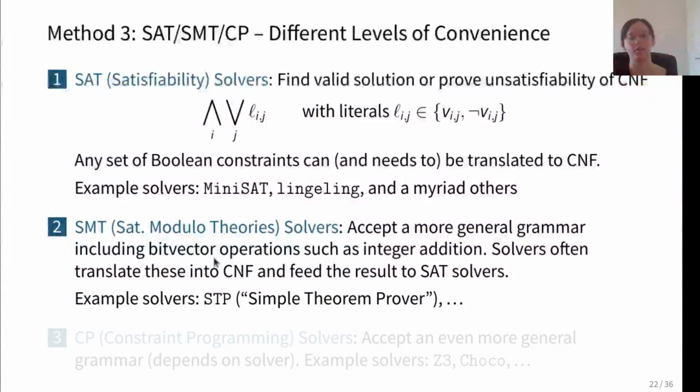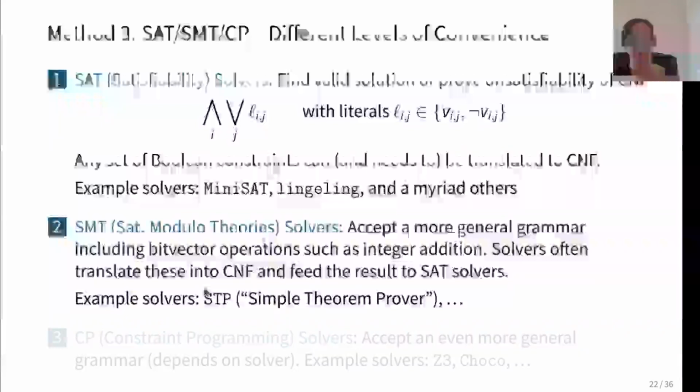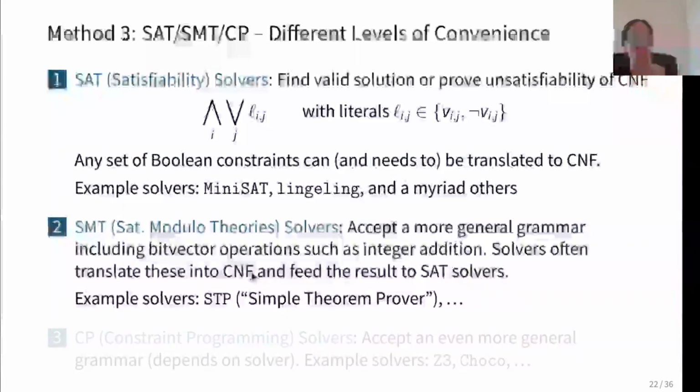In particular, it usually also supports things like integer addition. So you can describe constraints that are bit vector A is the sum of bit vector B and bit vector C, or something like that. And what these solvers usually do is they just automatically transform these Boolean descriptions here into CNF and then feed the result to a SAT solver.